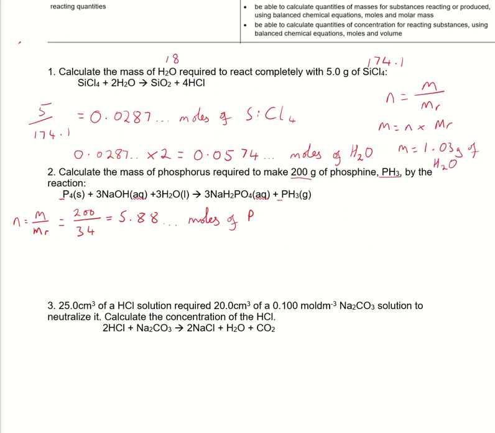Moles. Great. Now what I would do is I would just show the examiner that I understand what this ratio means. I would say a 1-to-1 ratio. Therefore, 5.88 moles of phosphorus required.